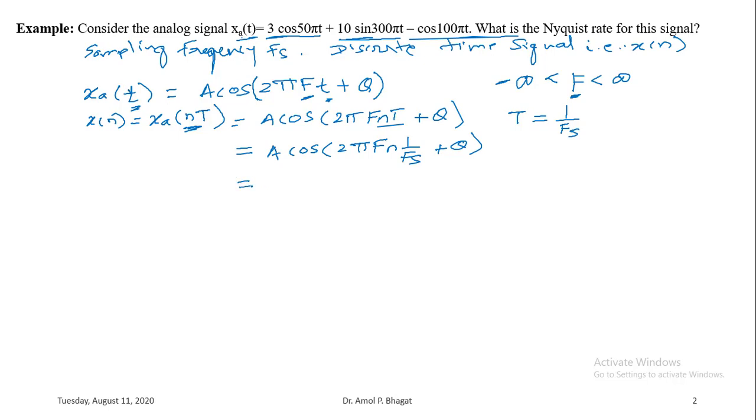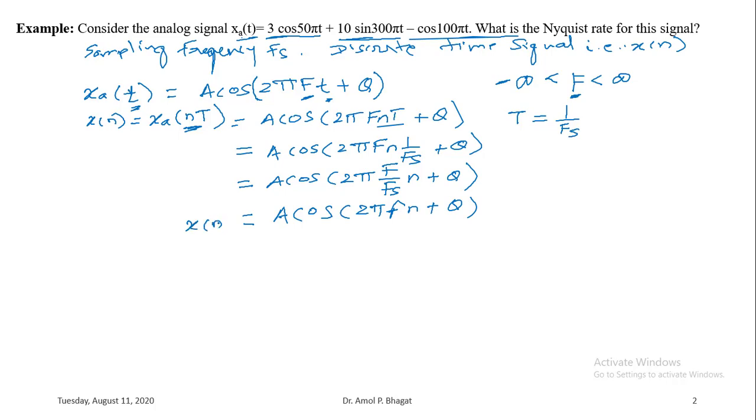Again, this can be written as A cos 2 pi capital F upon Fs n plus theta. So this will be equal to A cos 2 pi, where we have replaced this capital F upon Fs with small f, small fn plus theta. This was our final discrete time signal.